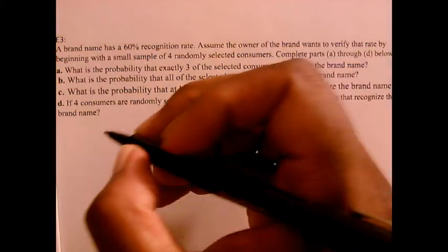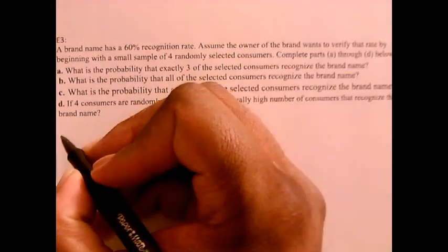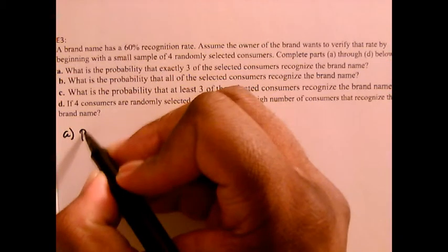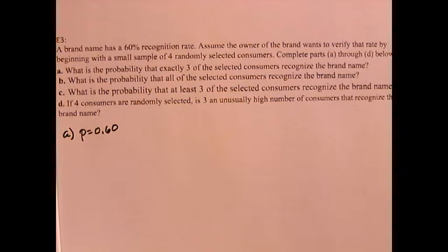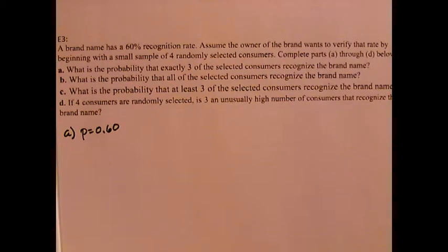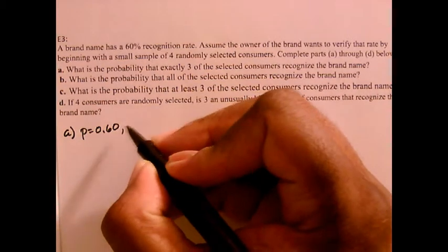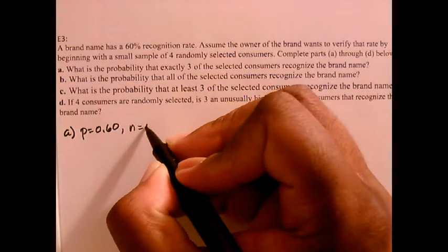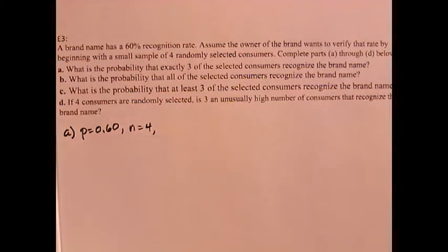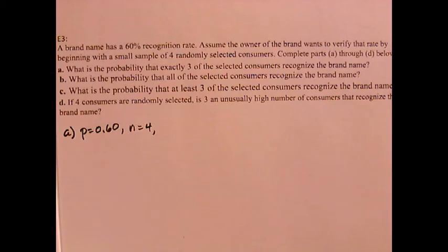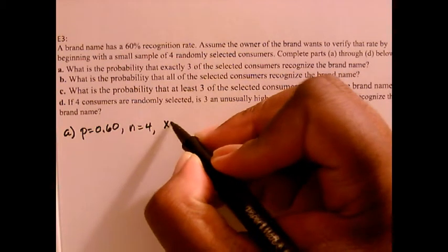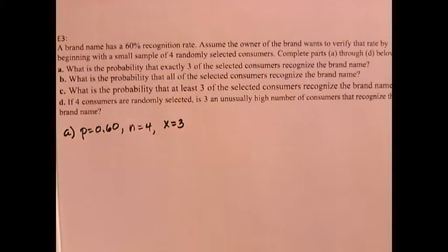Alright, now let's look at what we have here. Our P, which is the probability of success, will be 0.60, because 60% recognize the brand name. Our N is 4. That's the number of trials. And we're dealing with, in this case, exactly 3, so we have x is equal to 3.